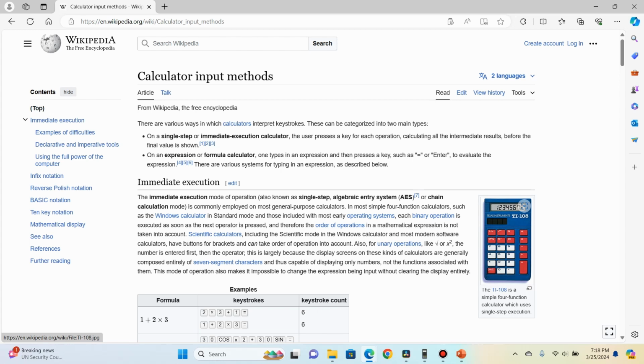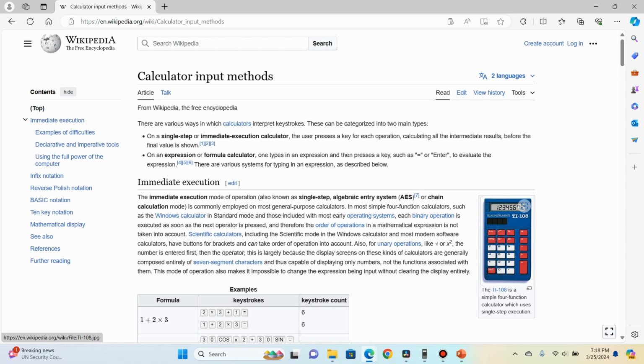And then there's what's known as an expression or formula type calculator, scientific calculators being a good example, where you type in an expression and then press a key like the enter key or the equal sign at the very end to evaluate the expression.